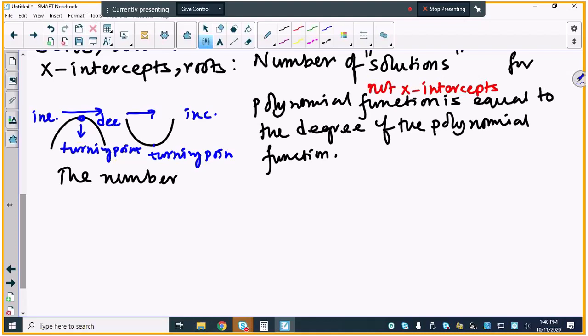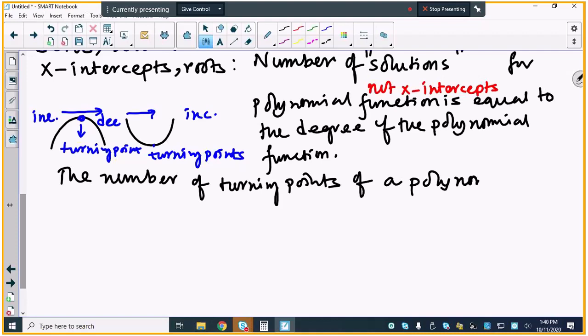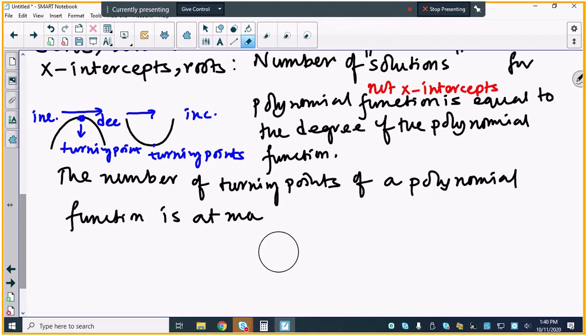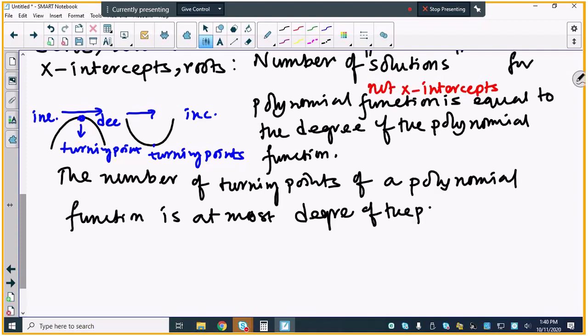So what we will now say is that the number of turning points of a polynomial function, how many times we are expecting this thing to happen, is at most, so at the most number of times if you count them, the degree of the polynomial function minus 1.